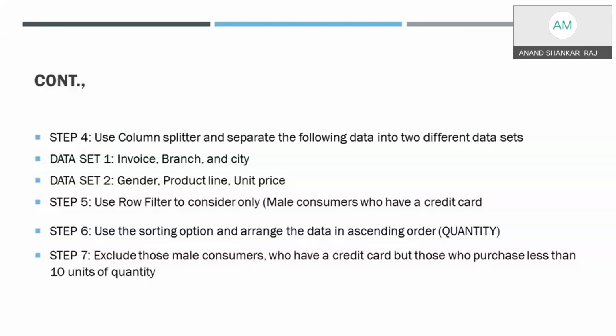It might be a single unit, it might be 2, 3, 4, 5, 6, 7, 8, 9, and 10. But from the company's point of view, those consumers who buy more than 10 units might be very profitable. So that is the reason why we have to give importance to those male consumers who purchase using the credit card, but with more than 10 units of quantity.